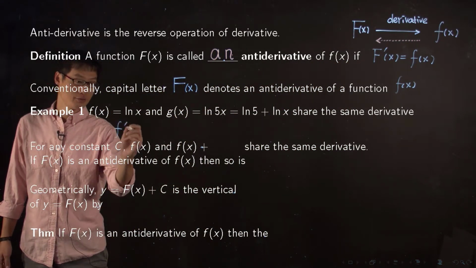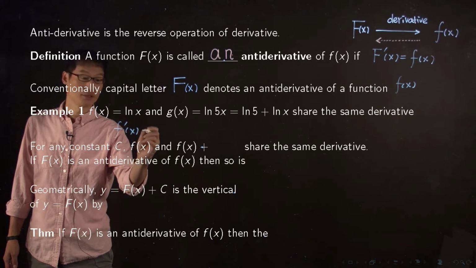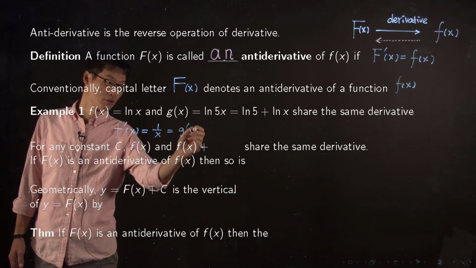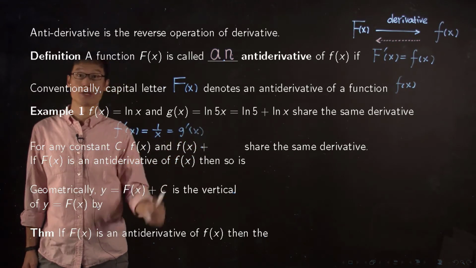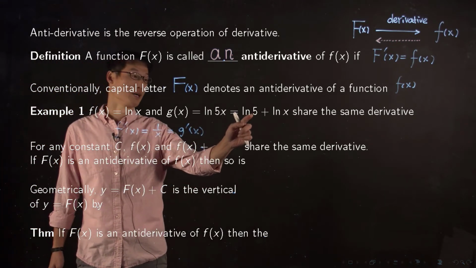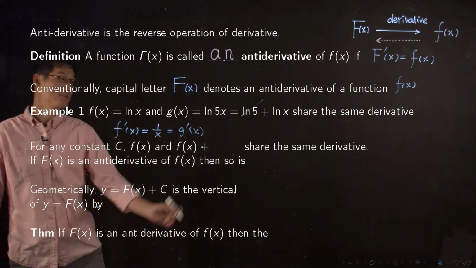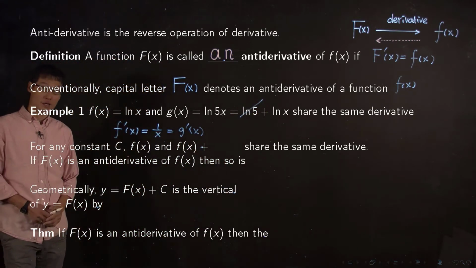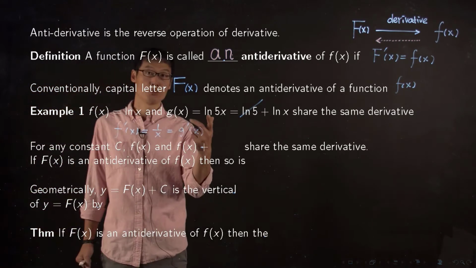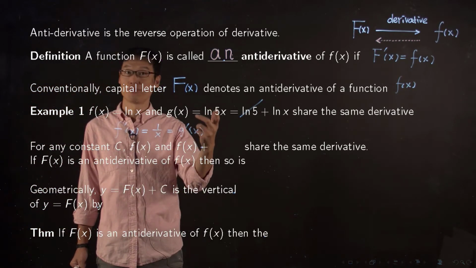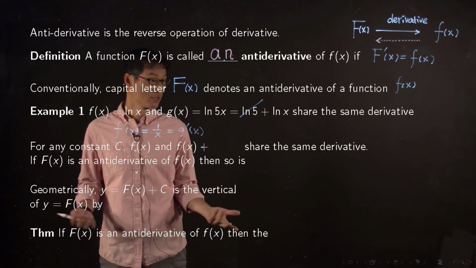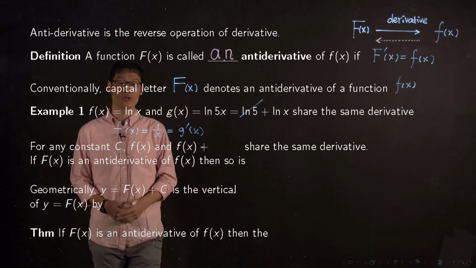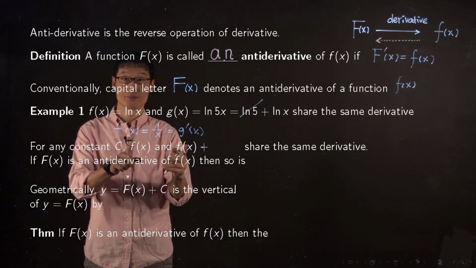Derivative of ln x is 1 over x. Of course, the second function also has the same derivative because ln 5 will be gone. And actually, you can use any number. Instead of 5, you can use 3, 10, 100, million, and so on. There are infinitely many choices to have the same result.